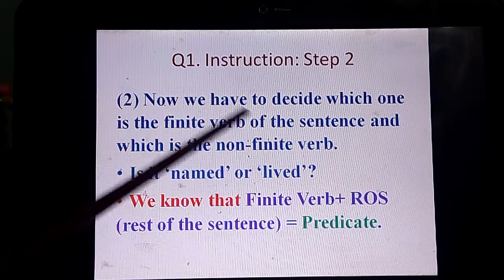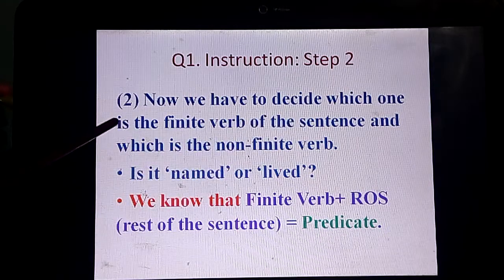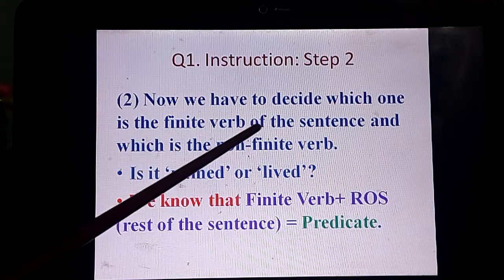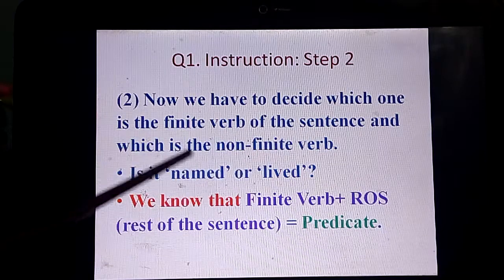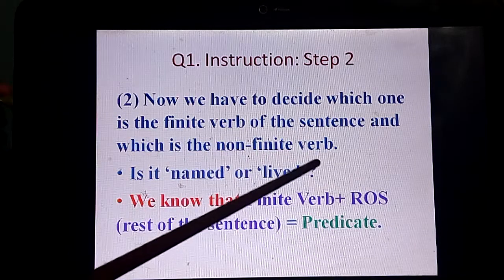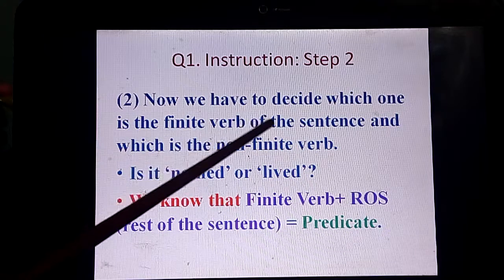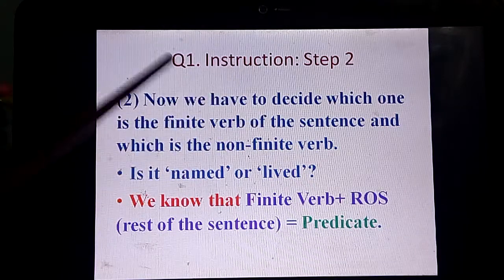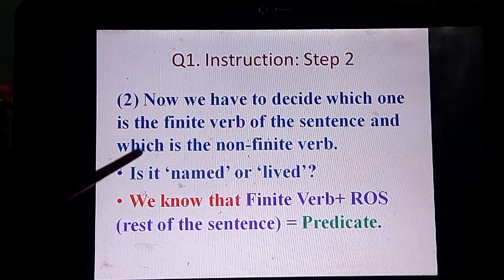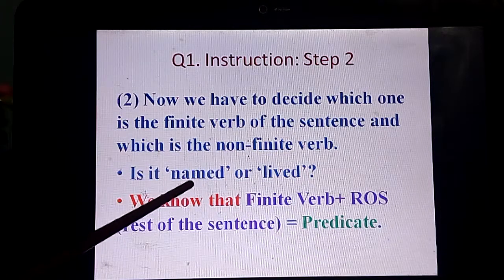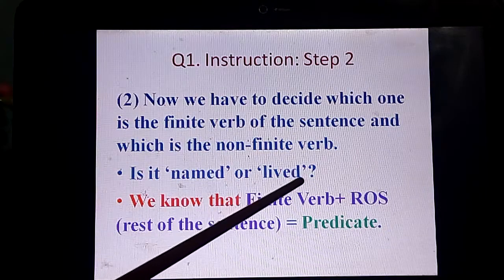And now we have to decide which one is the finite verb of the sentence and which is the non-finite verb. Because we know that a simple sentence contains only one finite verb. So is it named in this case or is it lived in this case?